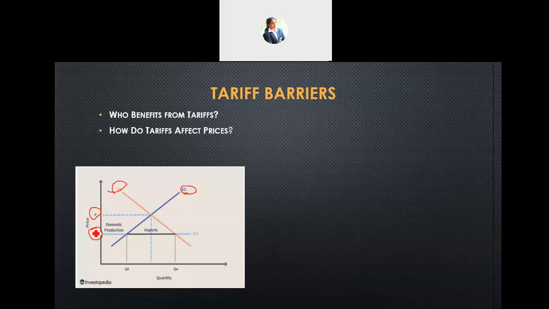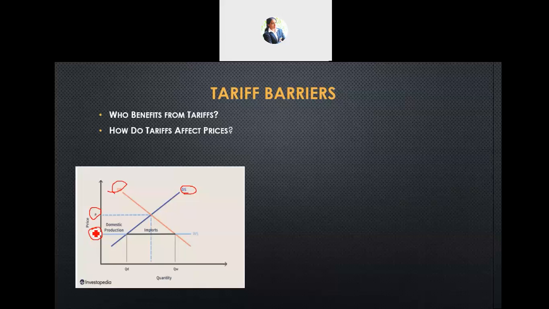Now, the price is higher in the domestic country because there are no economies of scale. But with economies of scale, the world price of the goods tends to decrease.